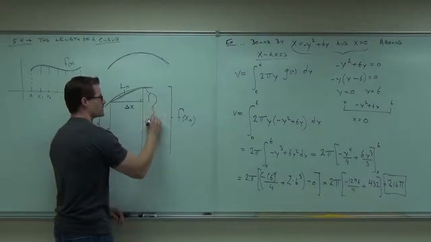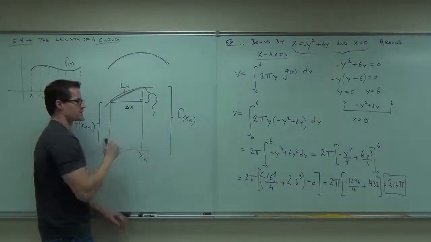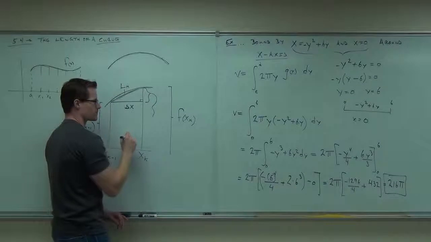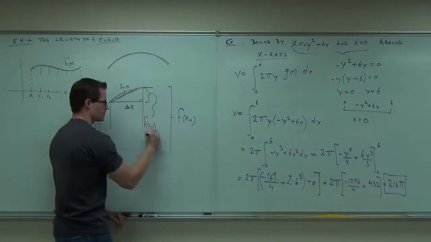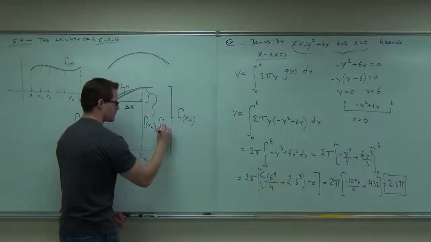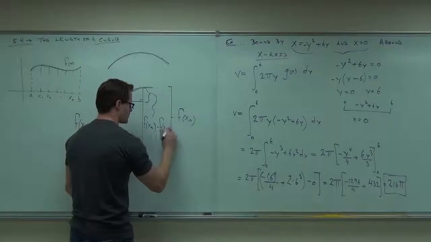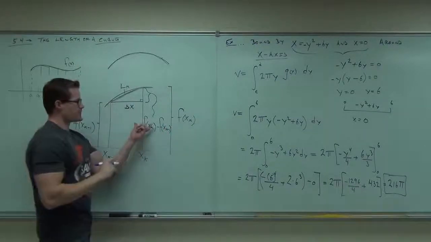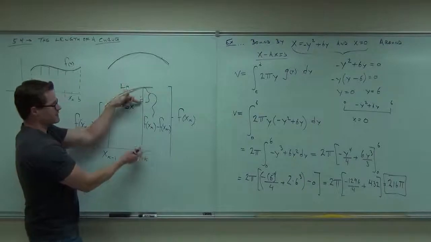What would this be? What's that distance? Function f of x sub k minus f of x sub k minus 1. If this is 10 and this is 7, that's 3.